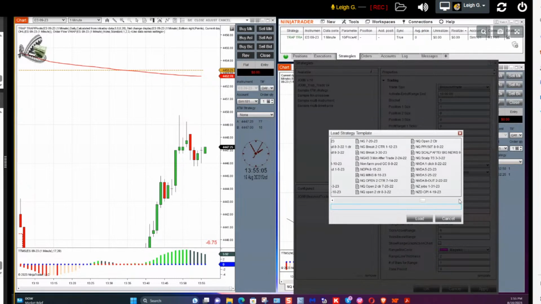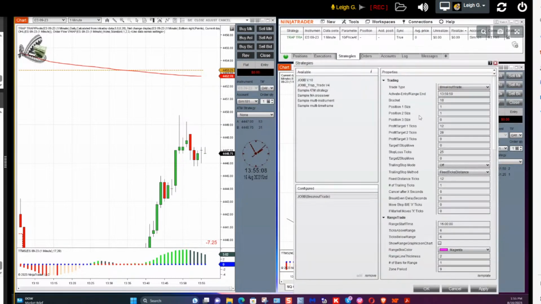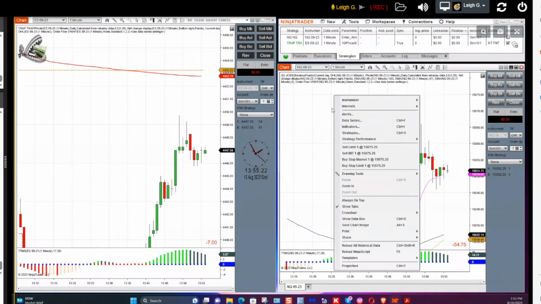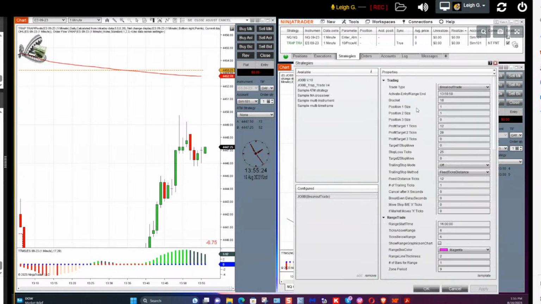Okay, so our NQ is an 18 bracket, targets of 12 and 28 with a stop of 25. That's our NQ setup. And I think I'm going to just double check my brackets, and then we'll check our time like we always do.